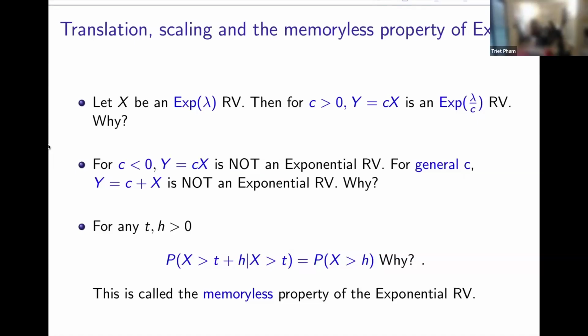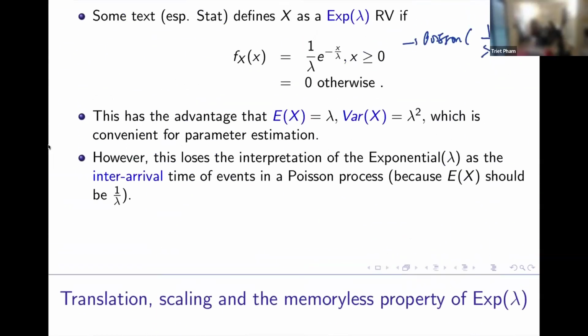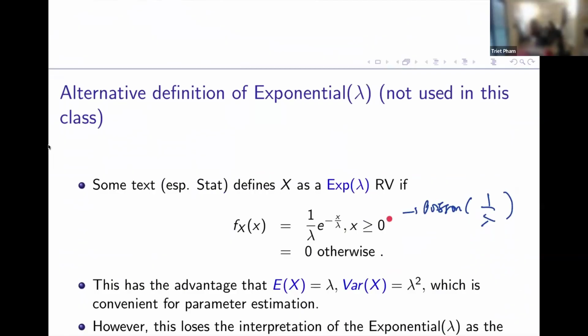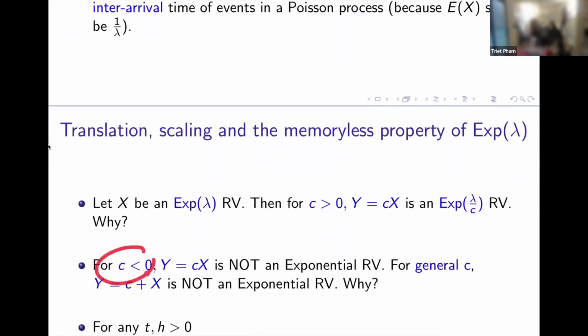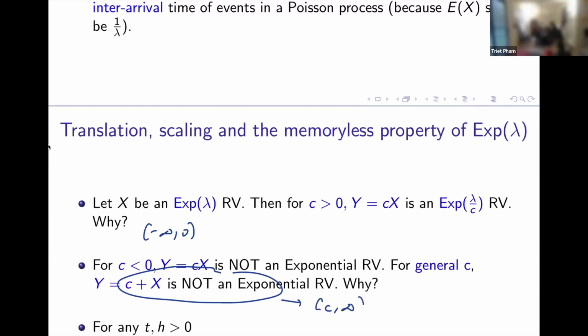An exponential must have support from 0 to infinity. If you translate, then you change the support. If you multiply with a negative number, then you make the support into minus infinity to 0. This is c to infinity.